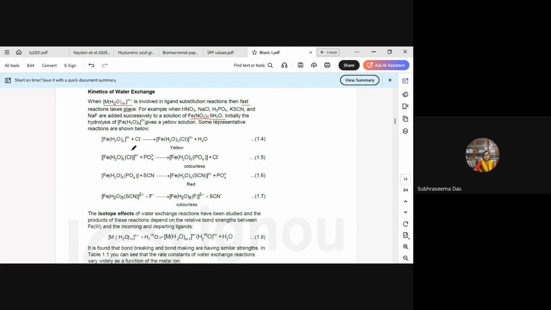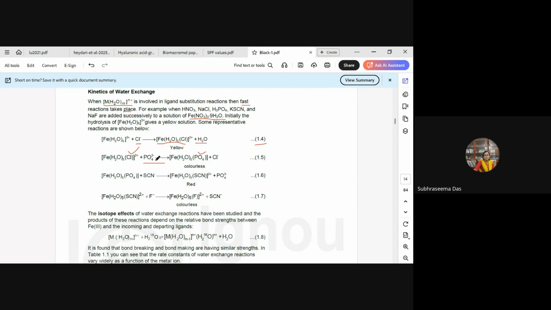For example, in equation 1.4, you can see [Fe(H2O)6]³⁺ plus chloride. What happens here is one H2O is substituted by Cl, and that H2O molecule goes out of the coordination sphere. Then this [Fe(H2O)5Cl], when substituted with a phosphate, the chlorine goes out and is substituted with phosphate.